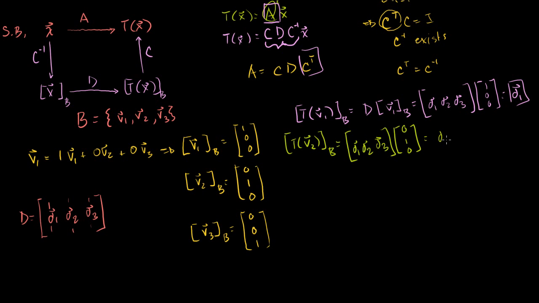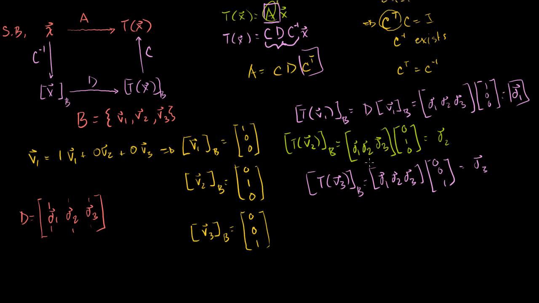So that's going to be equal to D2. And finally, let's just complete it. The transformation of v3 represented in B coordinates is going to be equal to D1, D2, D3 times v3 represented in B coordinates, so times 0, 0, 1. So it's going to be 0 times D1 plus 0 times D2 plus 1 times D3, which is equal to D3.